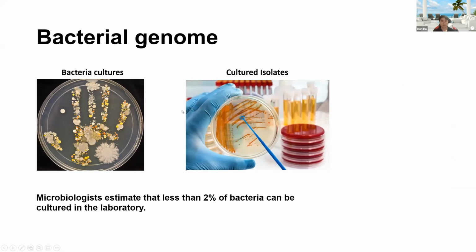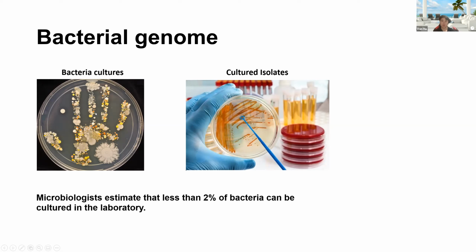So conventionally, people only sequenced cultured isolates. This is a Petri dish showing bacteria that are colonized within your hands. Each of these colonies represents a different species, I guess.